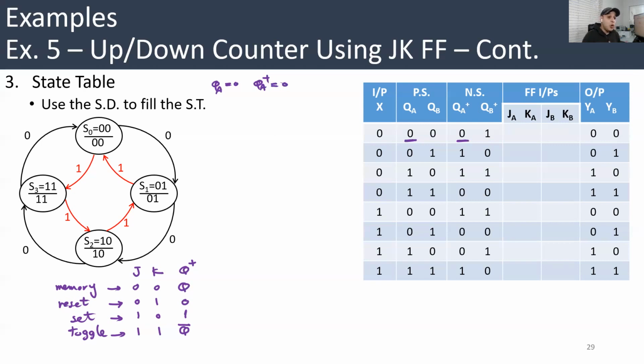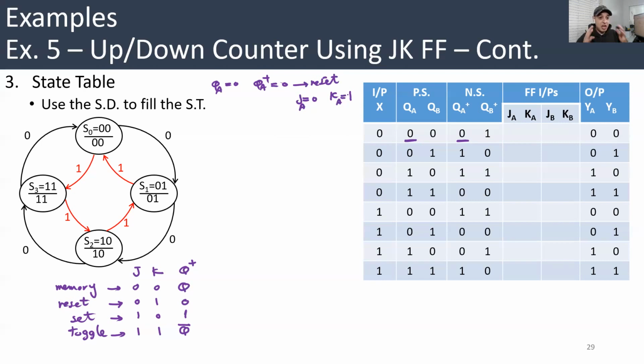So QA plus is 0, right? You might say it's a reset state. Or you can say that JA is 0 and KA is 1. Then when the clock edge comes, we reset the output and the output becomes 0.